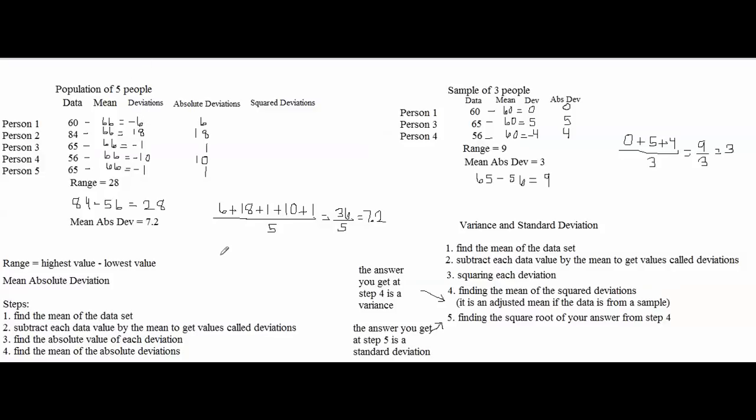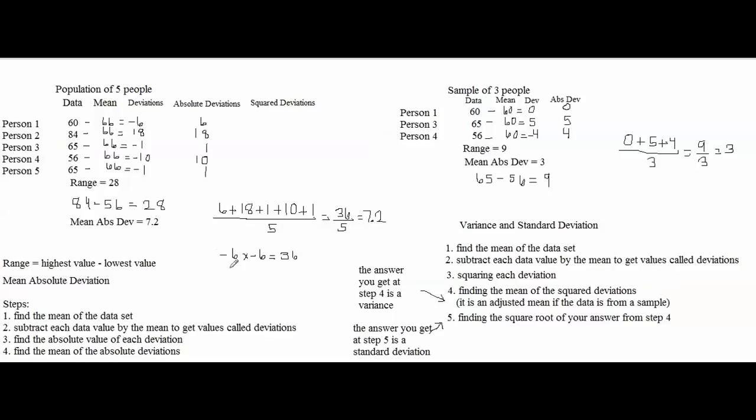So first we're going to multiply negative 6 by negative 6. When you multiply a negative number by a negative number, you get a positive answer. So negative 6 times negative 6 is just 36. You get the same answer that you would have had if you had multiplied 6 times 6.